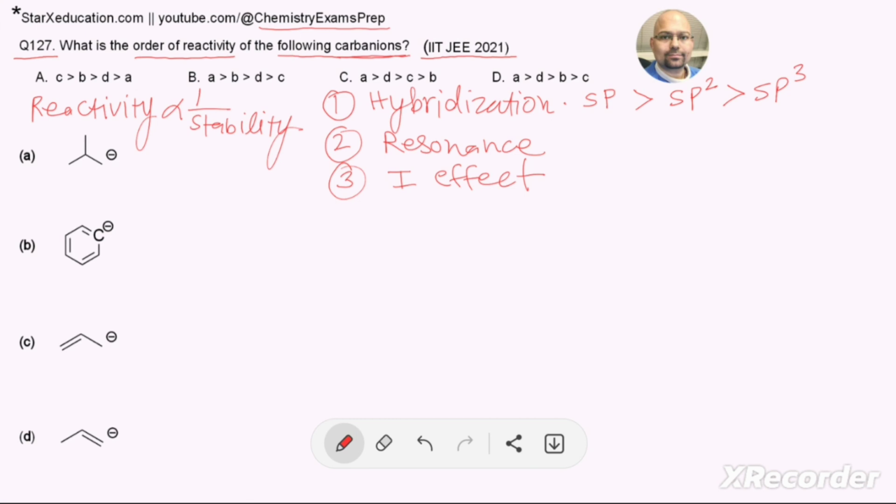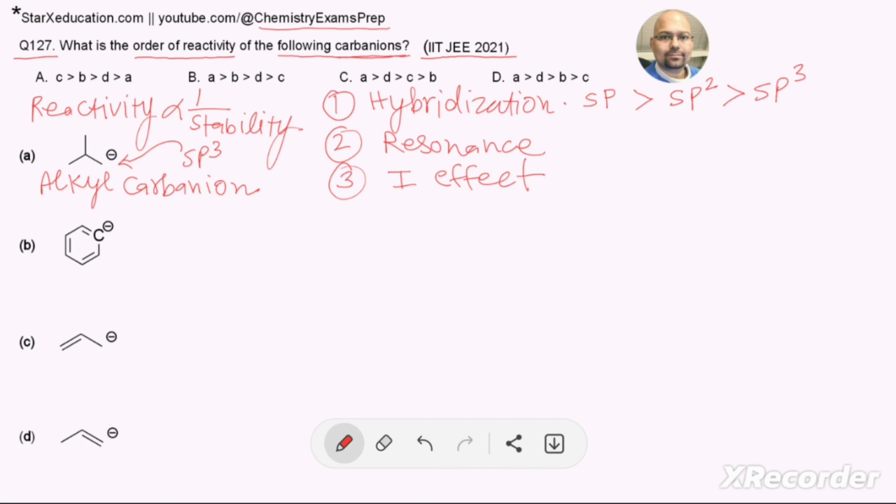In these cases, we don't have any sp hybridized carbanion, but we do have sp2 hybridized and sp3 hybridized carbanions. Carbanion A is an alkyl carbanion, and this has an sp3 hybridized carbon that has the negative charge.